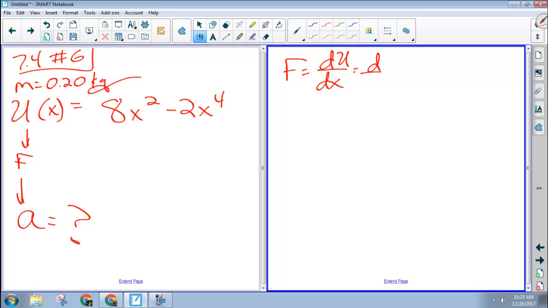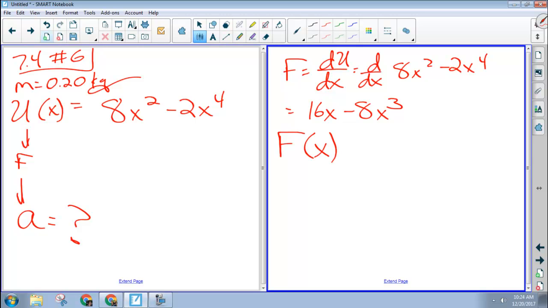So that's the derivative with respect to x of 8x squared minus 2x to the fourth. So that is 16x minus 8x cubed. Yep. Okay. So now I know my force as a function of position can be expressed as 16x minus 8x cubed.